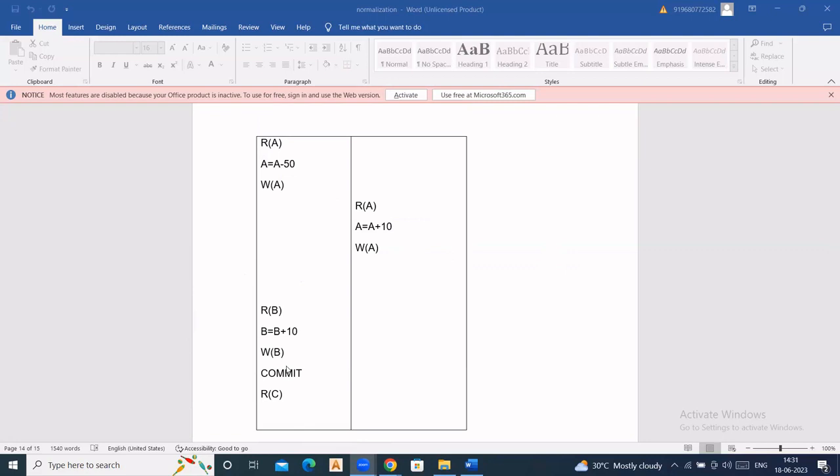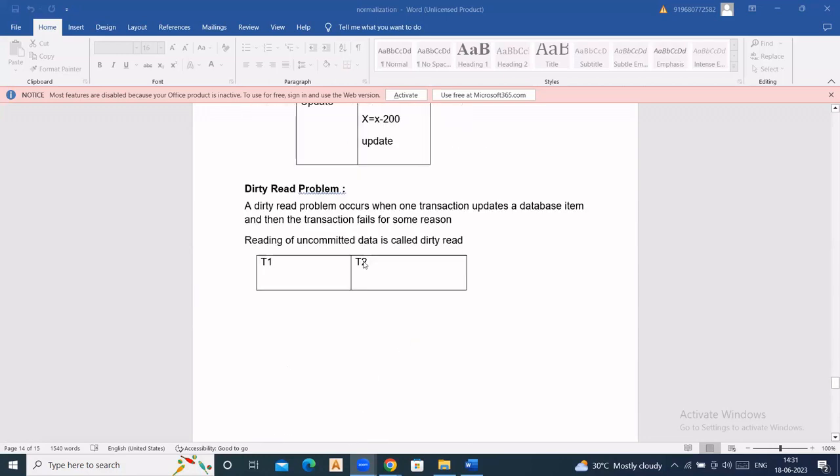For example, if you go to an ATM and withdraw, until your transaction is fully completed it will not be updated properly. Commit means you have taken your card back. Now you cannot update it. After commit you cannot perform any operation. Your data is saved. So if you read the uncommitted data, that is basically known as dirty read.